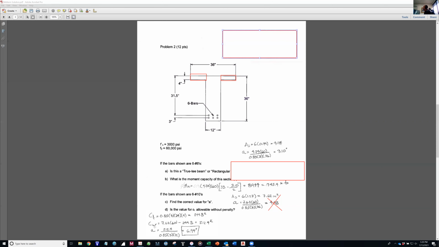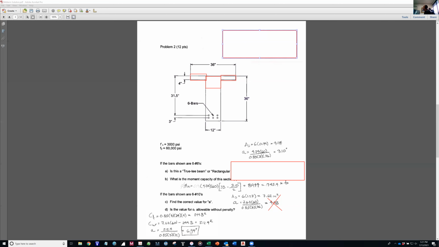So the force that has to be in the web is the total area of steel times 60 minus the force that's in the flange, meaning that 212.4 kips has to be resisted by this area in the web. So the depth of that area is equal to the total force divided by 0.85 f'c times the width of 12, and you get 6.94.